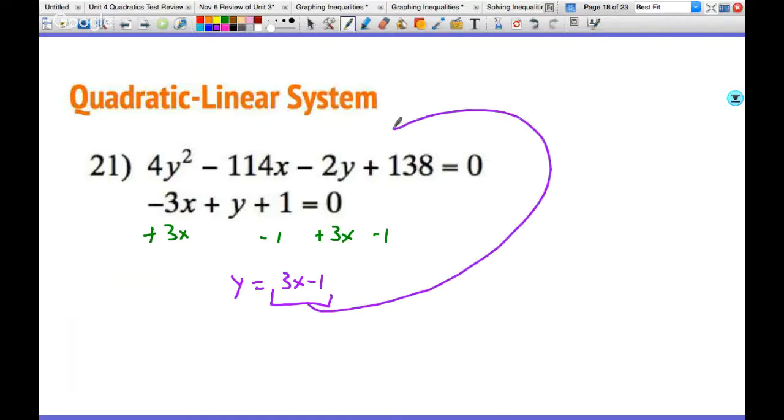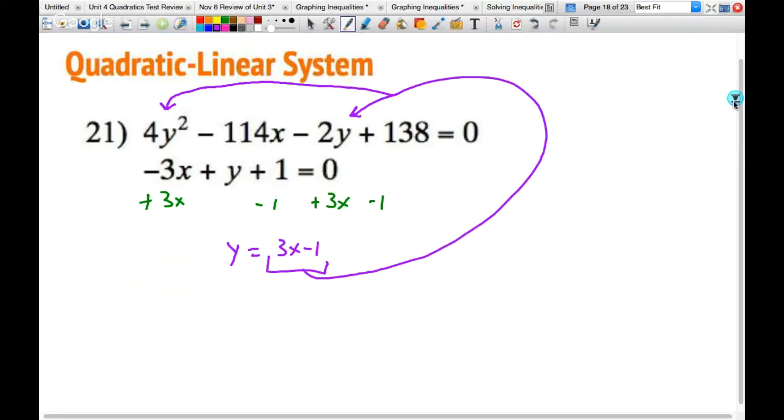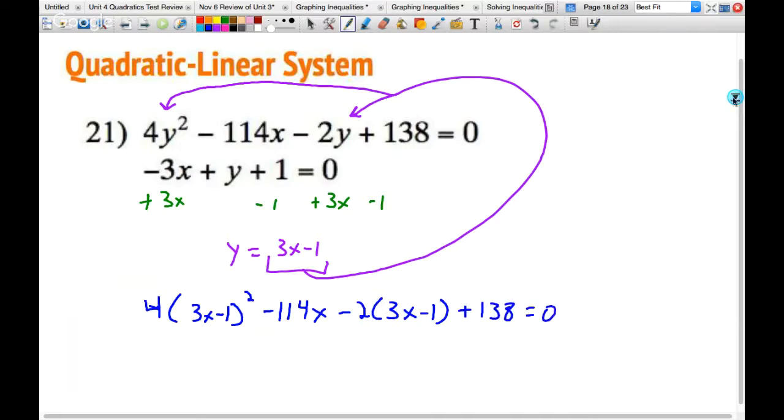I can plug in for y here and here. And I'll get 4 times the quantity 3x minus 1 squared minus 114x minus 2 times 3x minus 1 plus 138 equals 0.